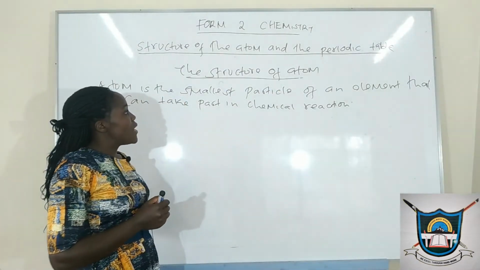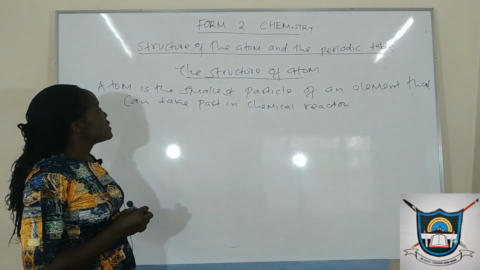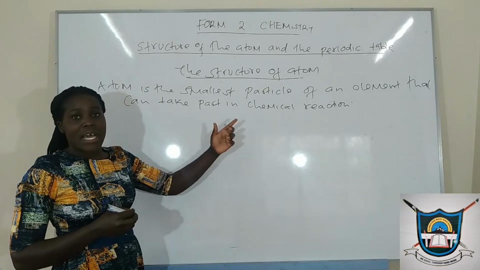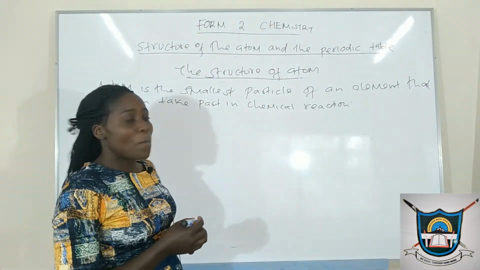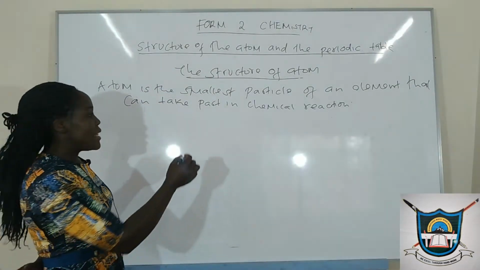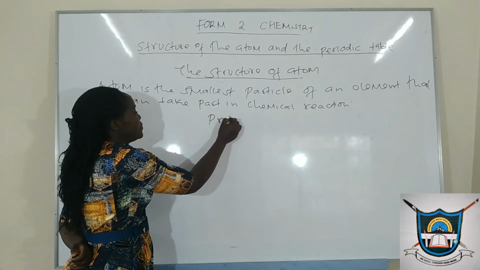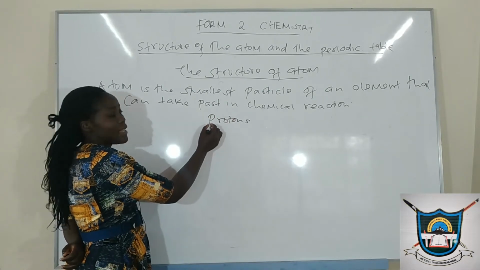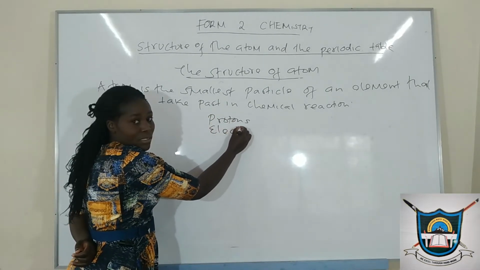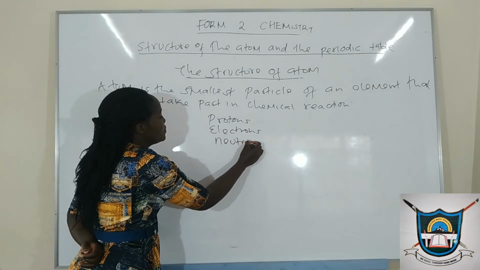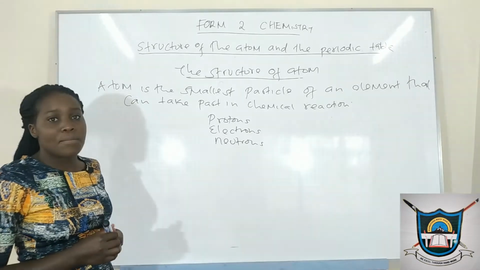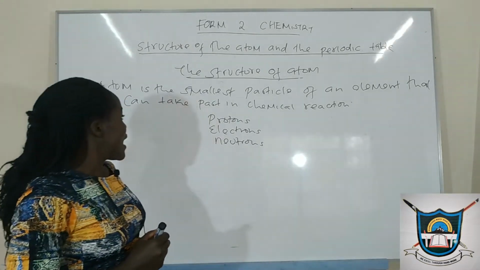So the structure, according to the studies, shows that the atom is made up of small subatomic particles that include the protons, the electrons, and the neutrons. These are the three subatomic particles of the atom.